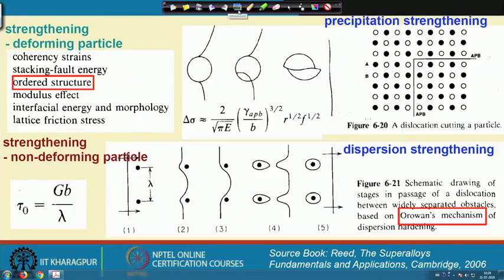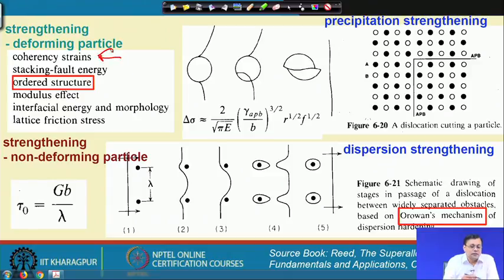If it is a deformable particle, then the strengthening arises due to coherency or misfit strain, stacking fault energy, ordered structure, and modulus effect, because a dislocation has to pass through a lattice, like a GP zone. Okay. So, coherent precipitates fluctuate the local strain field because of the modulus fluctuations. Okay. And interfacial energy and morphology, and also the lattice friction stresses. So, due to all these effects, a deforming particle strengthens an alloy.